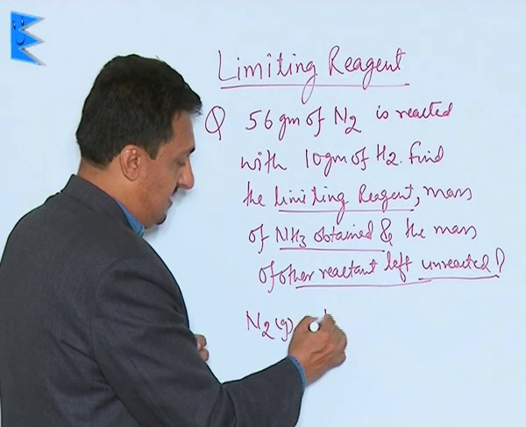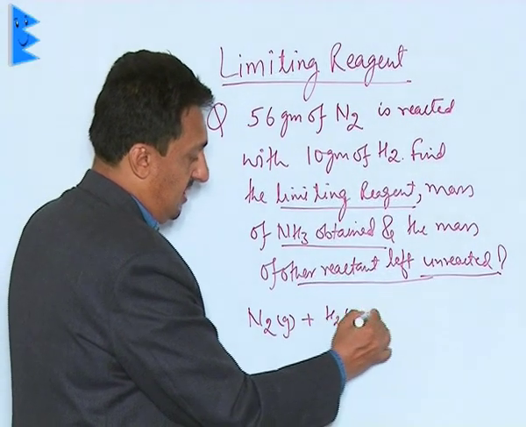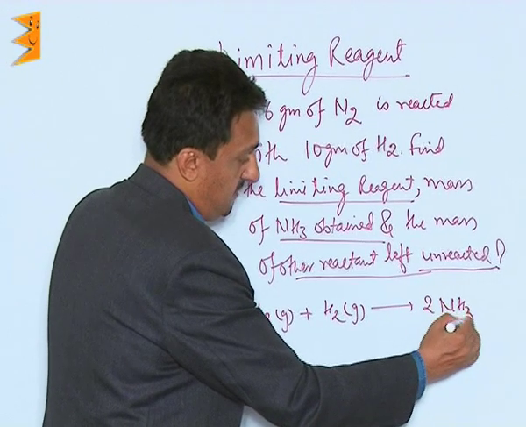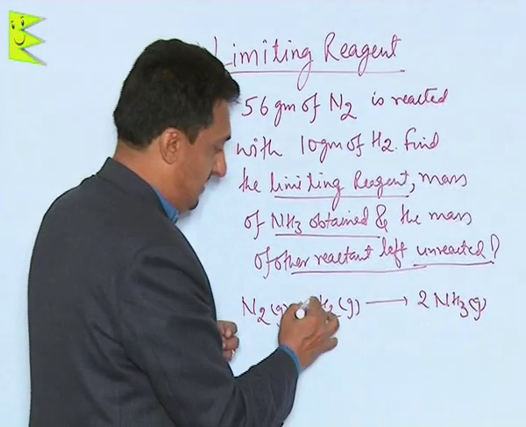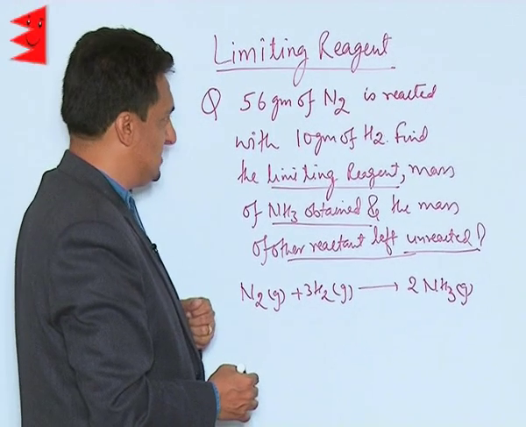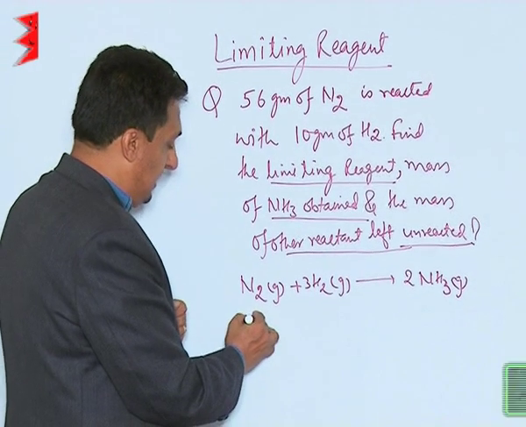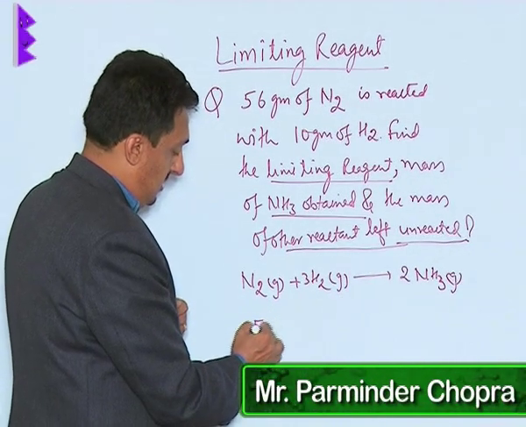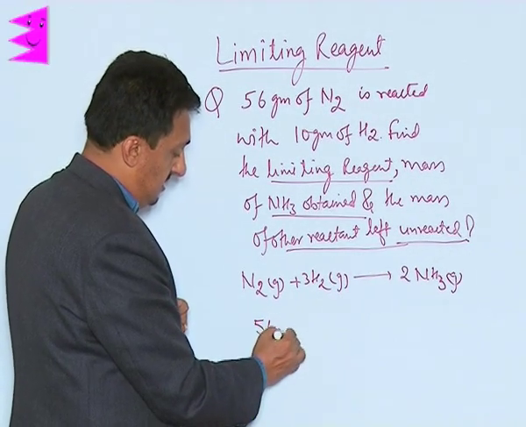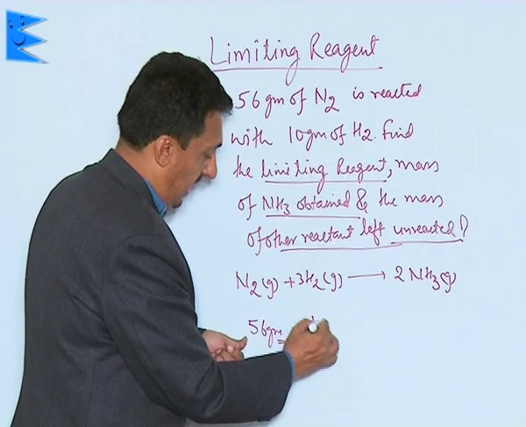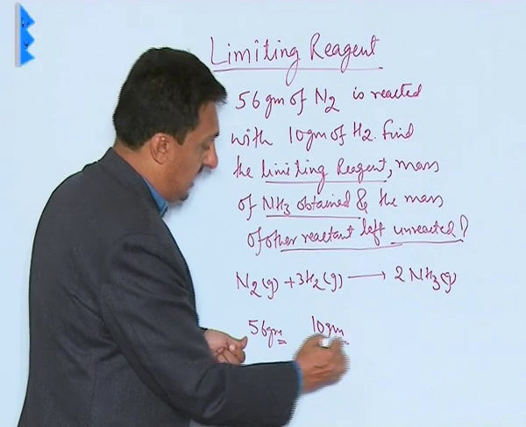Nitrogen gas reacts with hydrogen gas to give ammonia as a gas. Now, what is important to notice: this is the balanced equation, and we are given 56 grams of nitrogen and 10 grams of hydrogen.